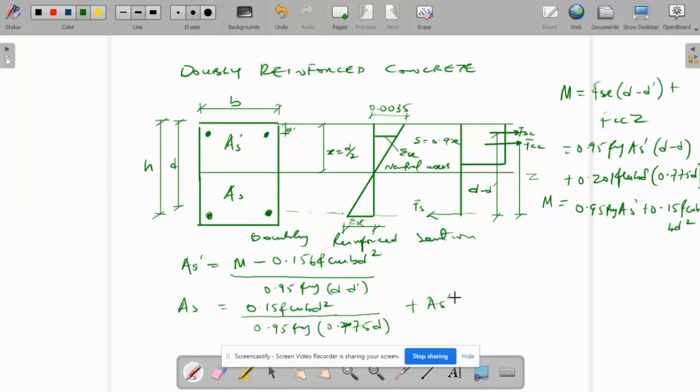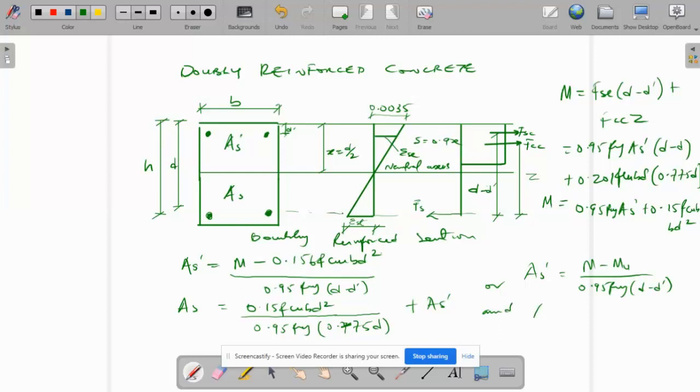That is our area of steel. Our As prime will be equal to M minus M ultimate over 0.95 fy (d minus d prime).